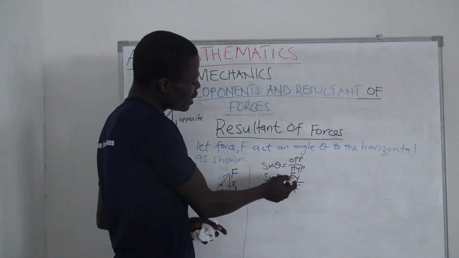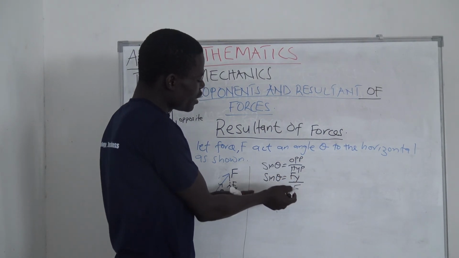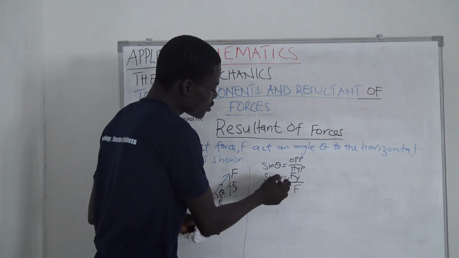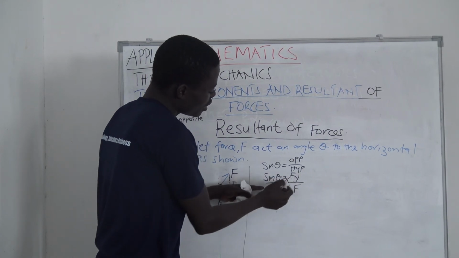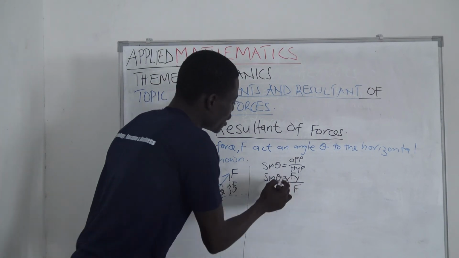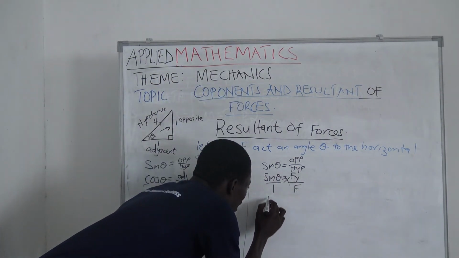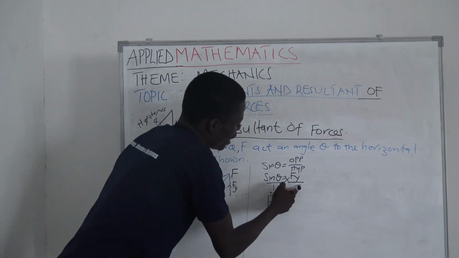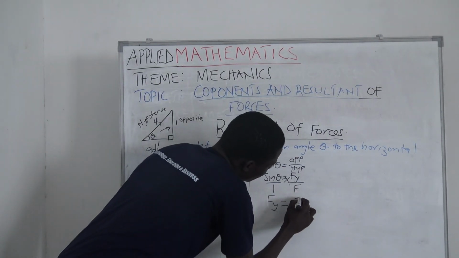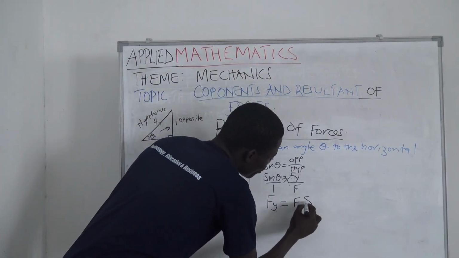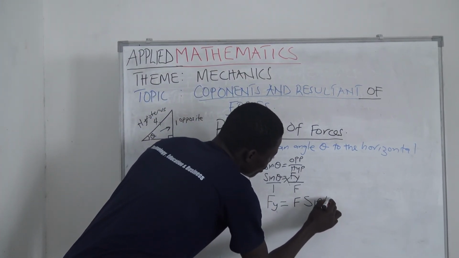Since this one is unknown, but we know this one and the angle, this one is out of 1, we cross multiply. This one comes this side, and this one comes this side. So we have our force Fy given as F times sine theta, which is F sine theta.